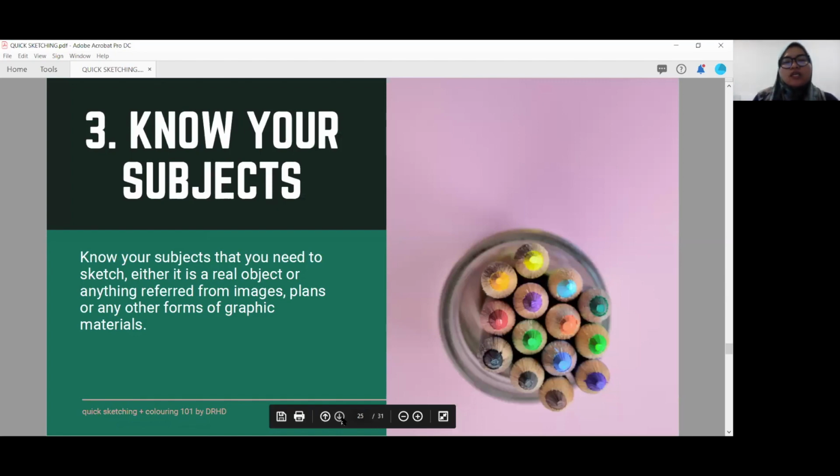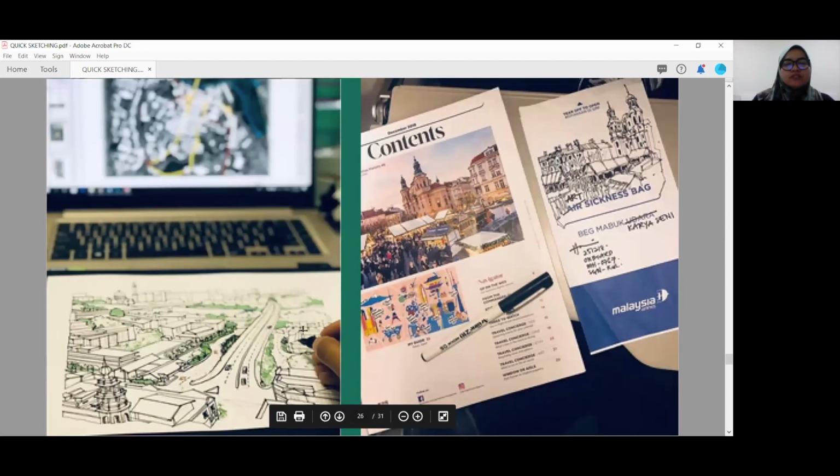Now you have to know your subjects. Know your subjects that you need to sketch, either a real object or anything referred from images, plans, or any other forms of graphic materials. For example, this one I'm doing axonometric drawings for one town for my consultancy, and I refer to this Google map in order to produce this axonometric.